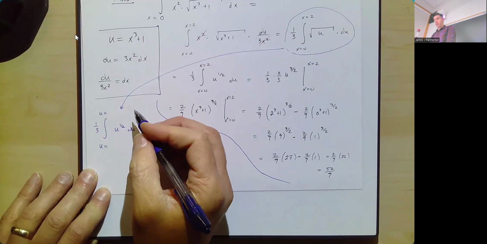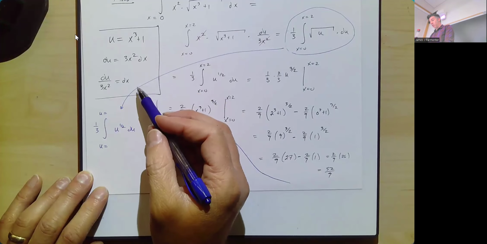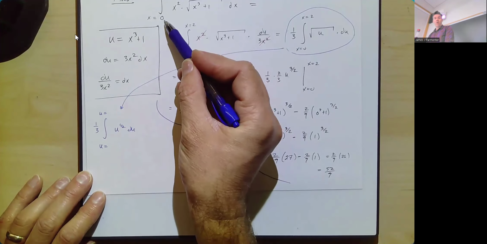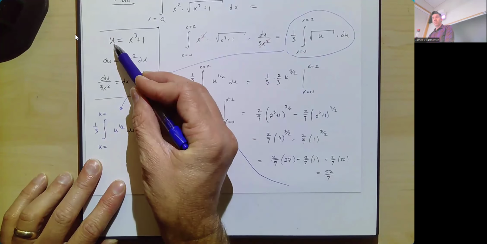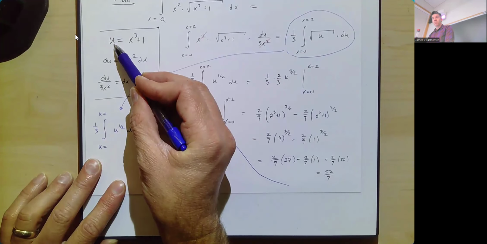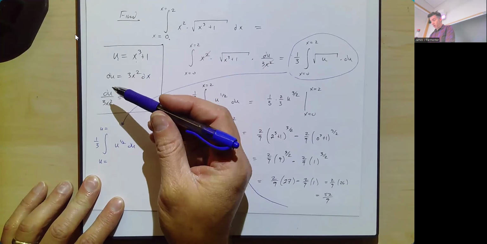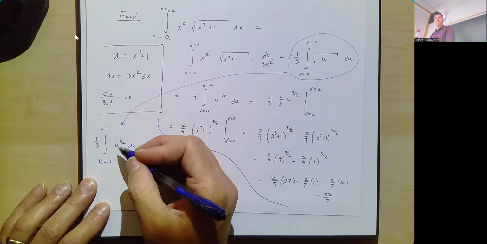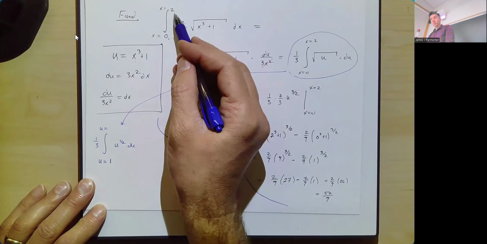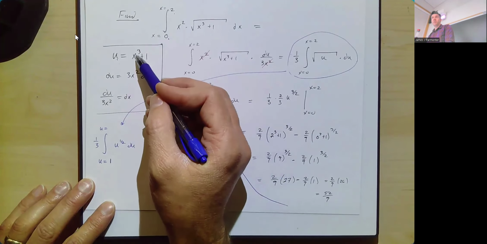I know we're out of time, but give me just a minute. So let me ask you all: if x equals 0, what does u equal? Well, plug in 0 for x, what do you get for u? Right, 0 cubed plus 1 is 1. And if x equals 2, then u is going to equal 2 cubed plus 1, which is 8 plus 1, which is 9.